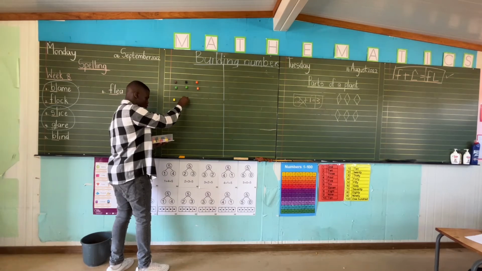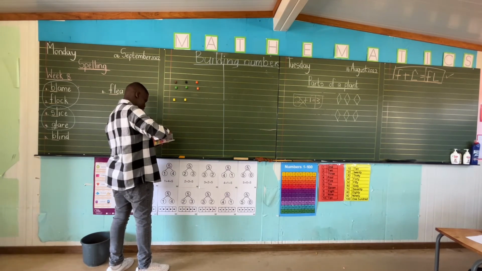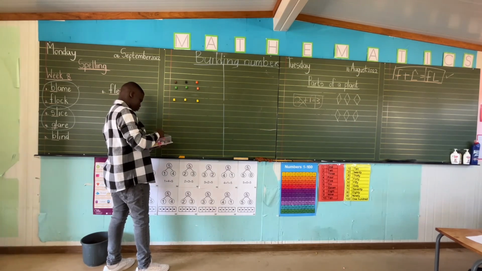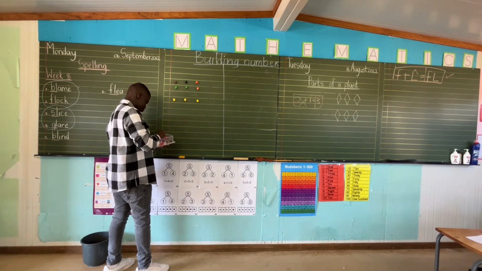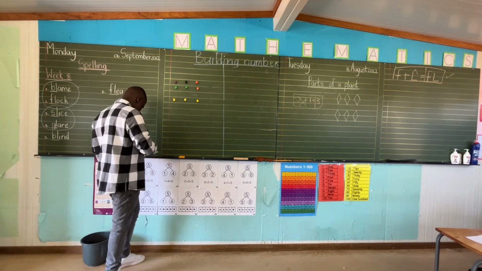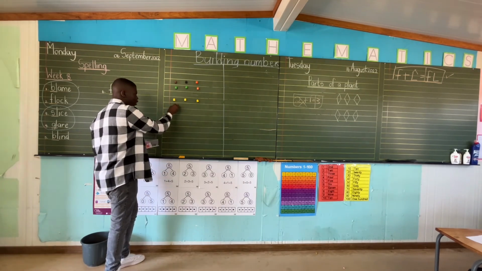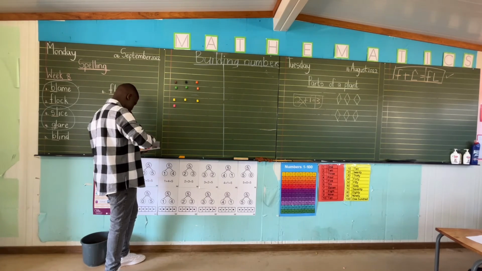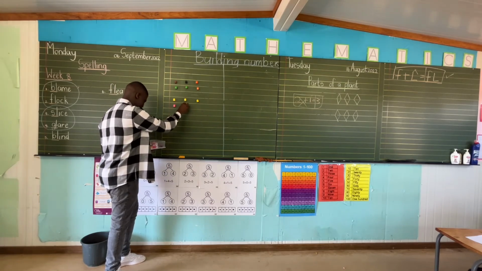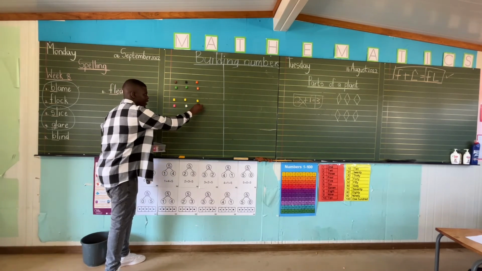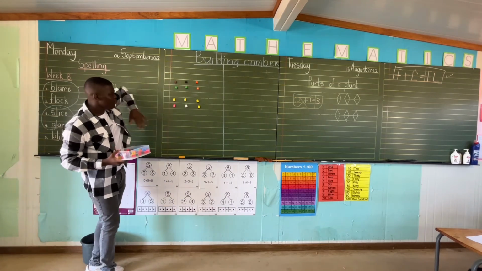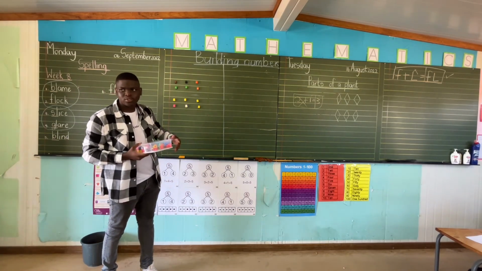1, 2, 3. Then we have 6 blocks, and we added another 6 blocks.